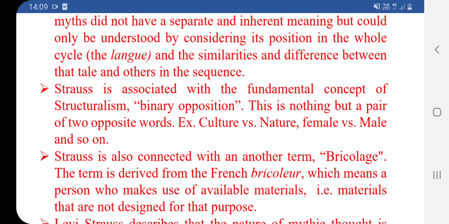The next term that Levi Strauss is mostly associated with is bricolage. The word bricolage is derived from the French bricoleur, which means a person who makes use of available materials that are not designed for that purpose. He makes use of some materials, but those materials are not designed for that purpose.